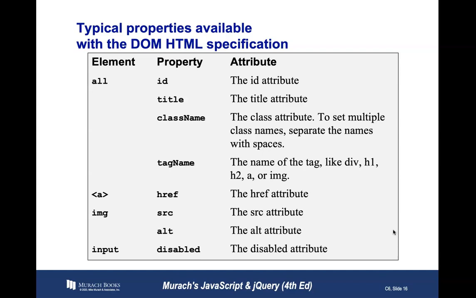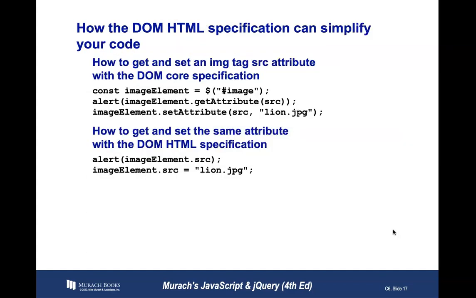They have alt tags. Inputs can have disabled. So these are all typical. It's not the full list, but it does tell you that you can't really have a form tag with a source attribute. It doesn't make sense. But these are just reminders of what we went over in depth in the HTML class.